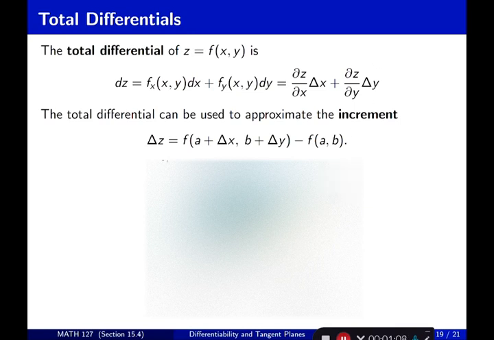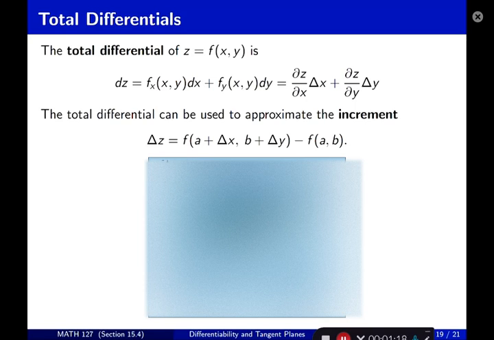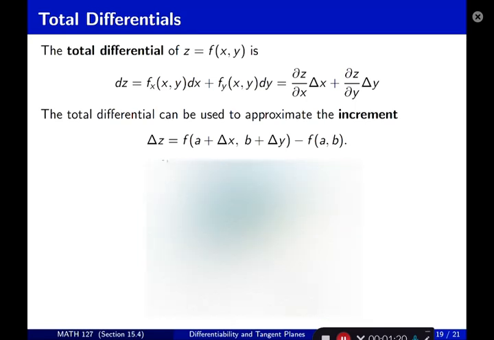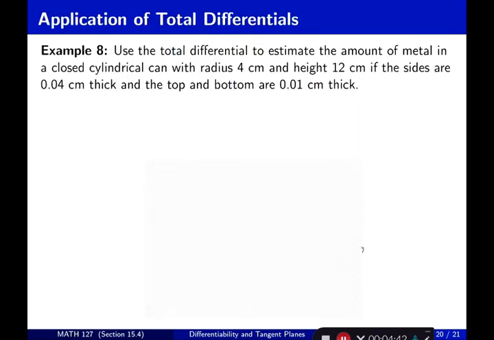Delta z is the difference between z for f at the point a plus delta x and b plus delta y, and z for f at the point a and b. And so when is it coming in handy?